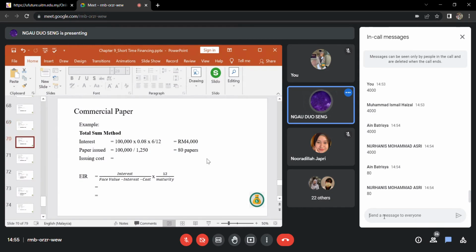Alright, so we have 80 paper. And then issuing cost, berapa? Tadi dia ada mention, kalau you nak jual satu paper, cost dia adalah 50. So 80 darab dengan 50, so kita ada 4,000.